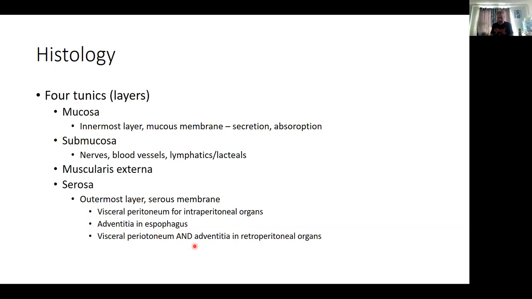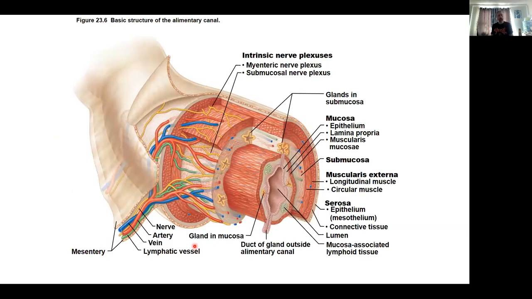Okay, so again, some minor exceptions. This is what it looks like, right? A chunk of our alimentary canal, just a generalized chunk. It's not a particular part. Here we've got our mesentery in the back, so this will be attaching us to one part of the body wall or another. We've got our vein, our artery, and our nerve. Also a lymphatic that goes with that. These enter into this submucosal layer.